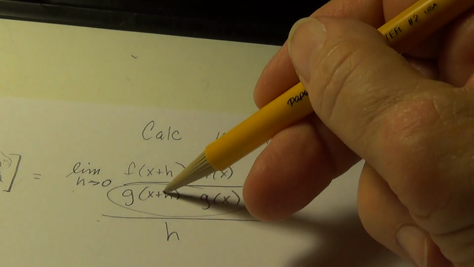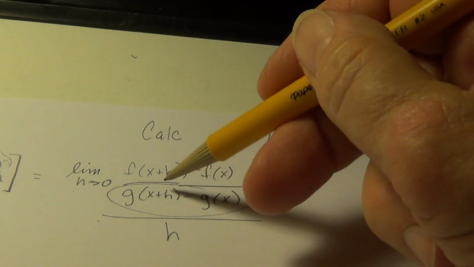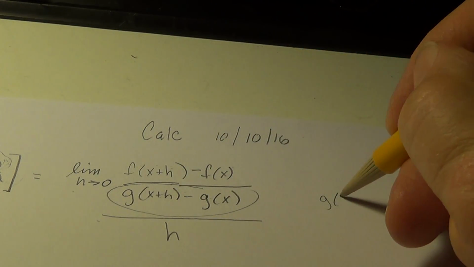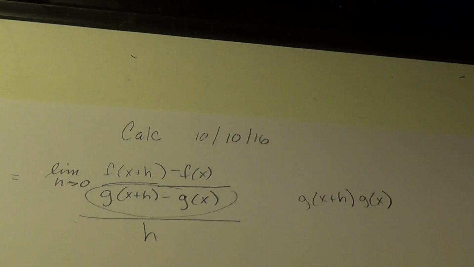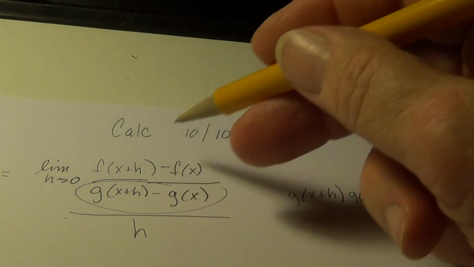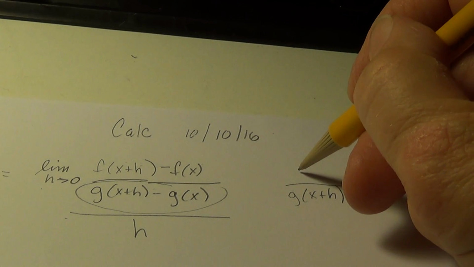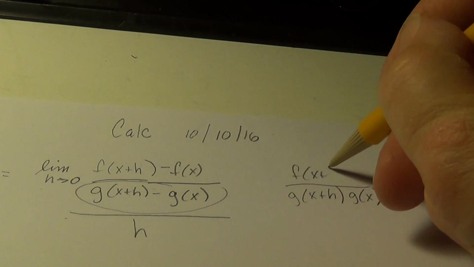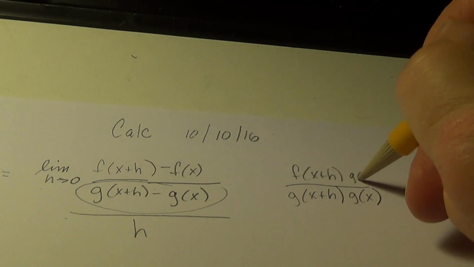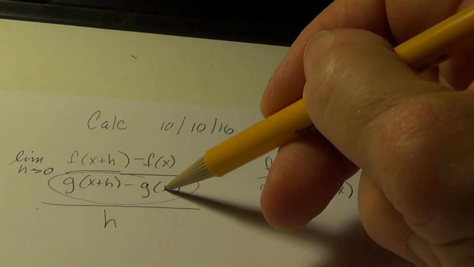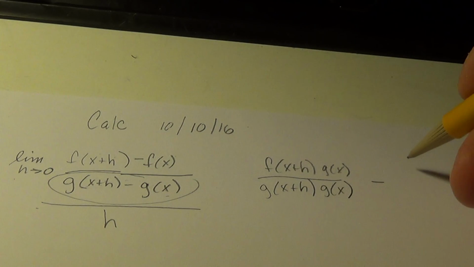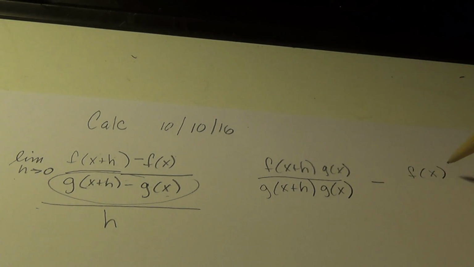So I'm going to give this the denominator g of x plus h times g of x. And when I do that, this needs a g of x, and this expression here needs a g of x plus h.